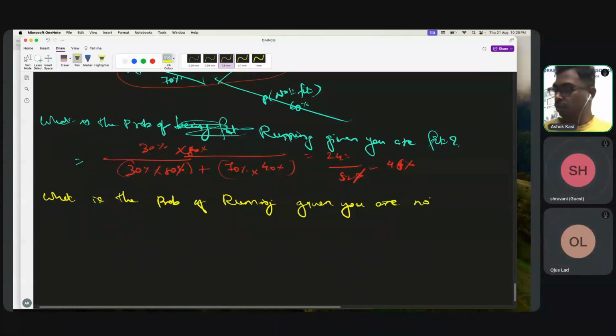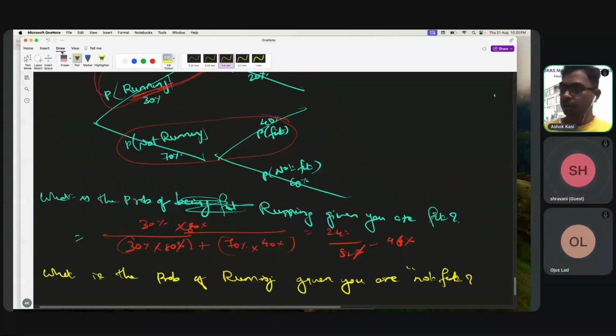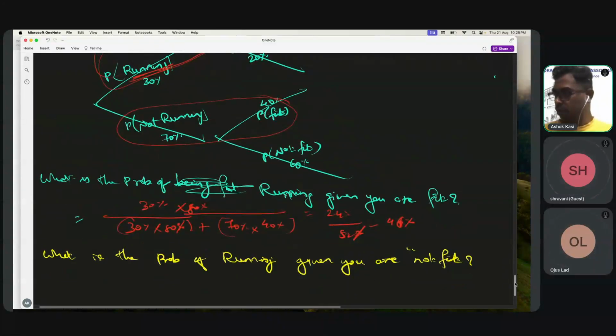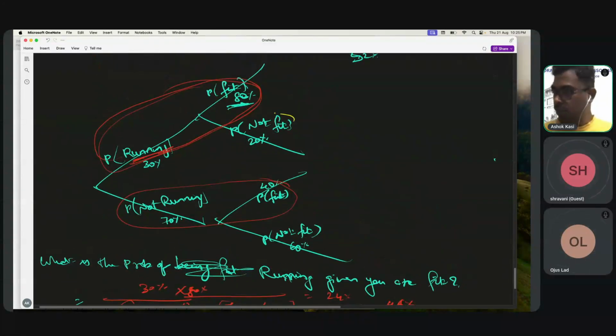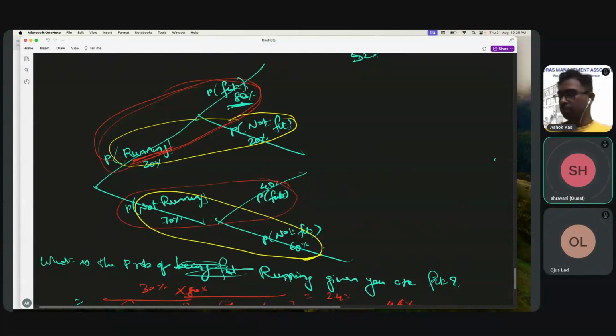So not fit is the unconditional. The unconditional probability of not being fit is this one and this one, so this will be 20.